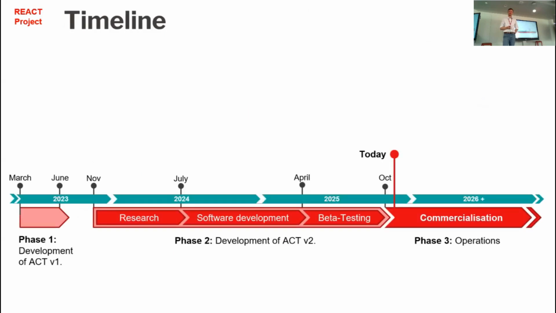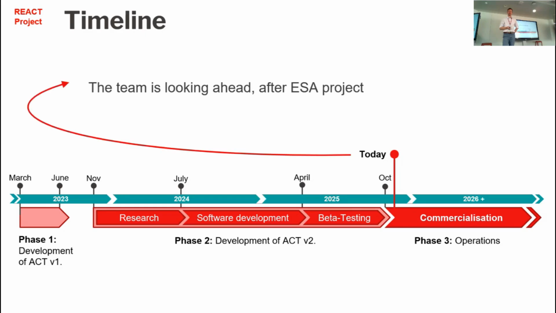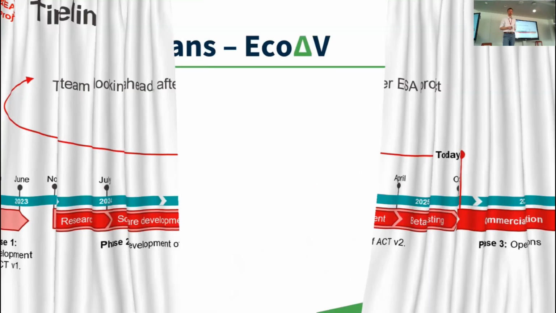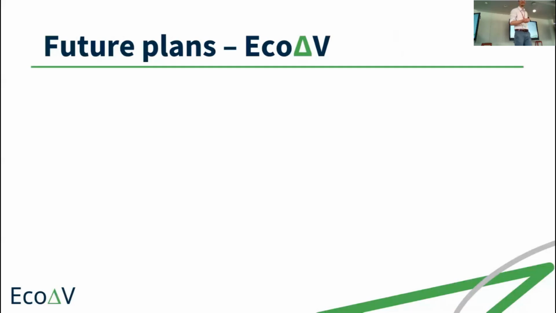So I come back to this timeline. As Marnix mentioned before, we are now very much at the end of the second phase and starting to get into operations very soon. So we are now looking ahead at what comes after this ESA project once we have delivered. And for that, I'm giving the floor to Jan.